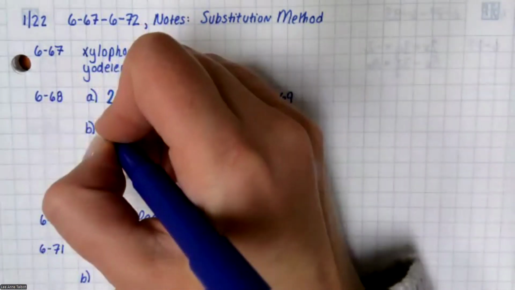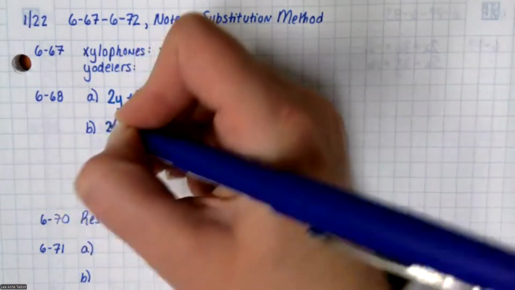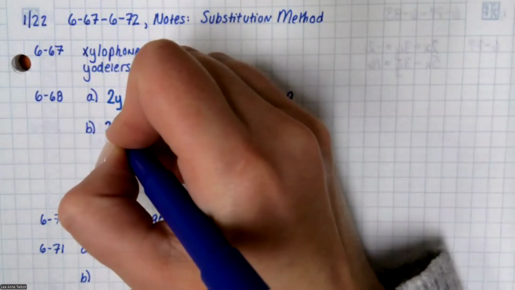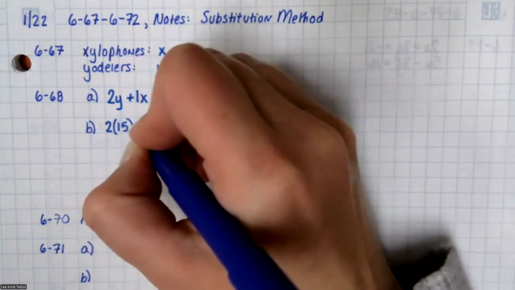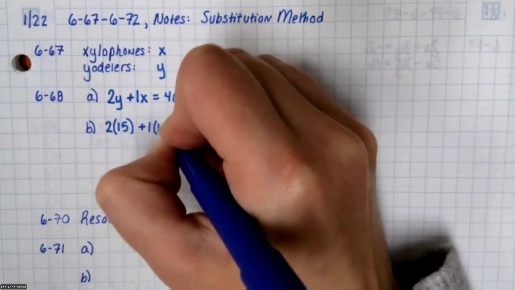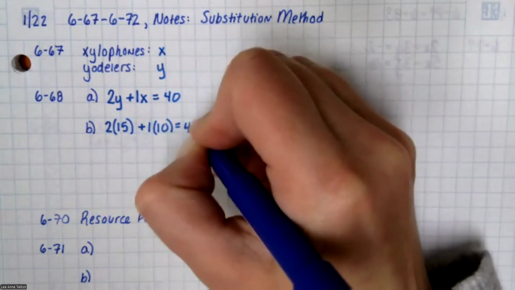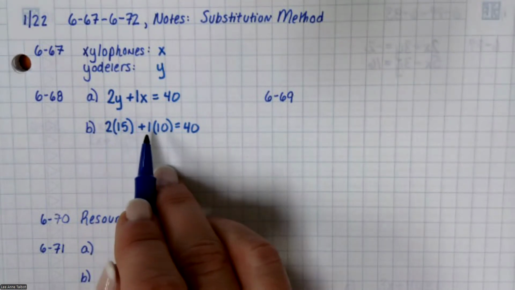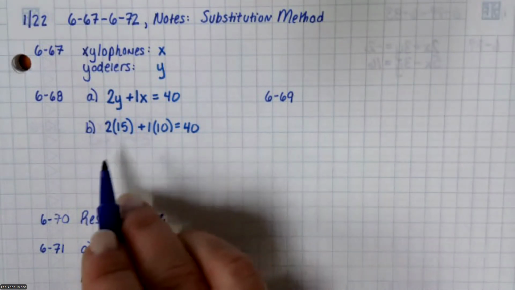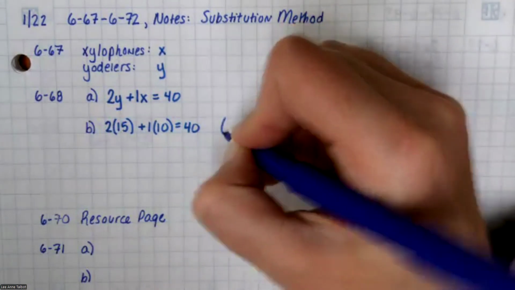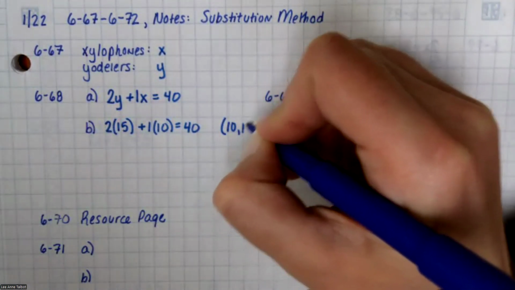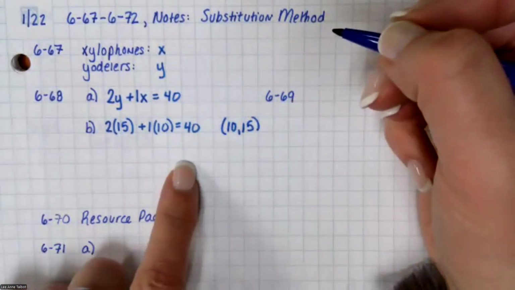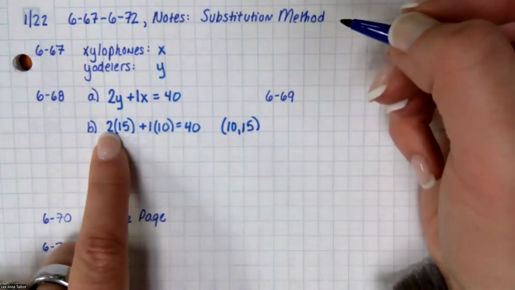I'll give you a hint. Okay, so something like 2 times 15 plus 1 times 10 equals 40. Because 2 times 15 is 30. 30 plus 10 is 40. This is the coordinate 10, 15 because X is here and Y is here.